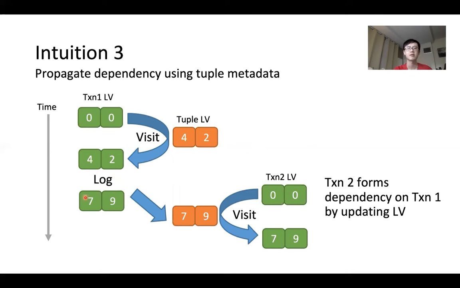Let's say right now the LV of this transaction is 7, 9. Then it will update the tuple LV to be 7, 9. Later, for example, transaction 2 visits this tuple again and updates its own LV to be 7, 9. Notice that through this whole process, transaction 2 forms a dependency on transaction 1 by updating this LV.